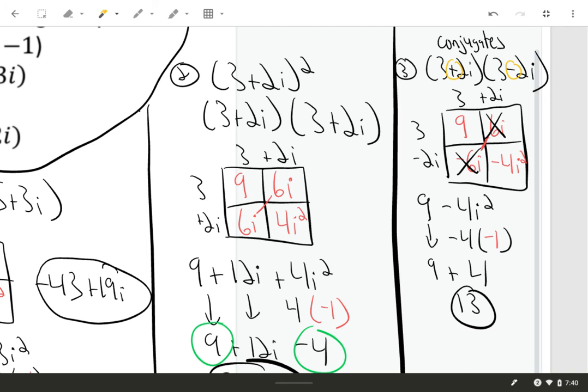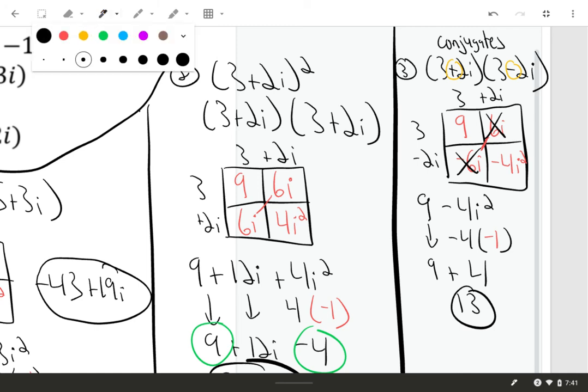So it looks like the same number, except you have 3 plus 2i, 3 minus 2i. So the same numbers, just plus or minus in the middle. That's the only difference. And it turns out when you have two conjugates like this, when you multiply them, you end up with a real number like we did here.